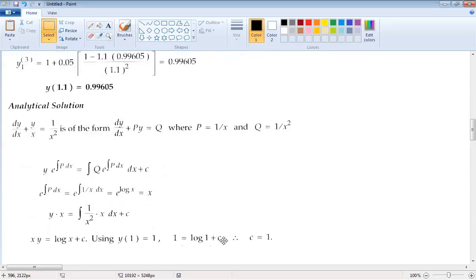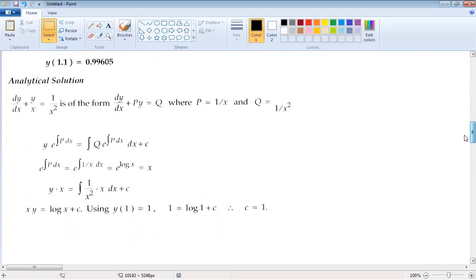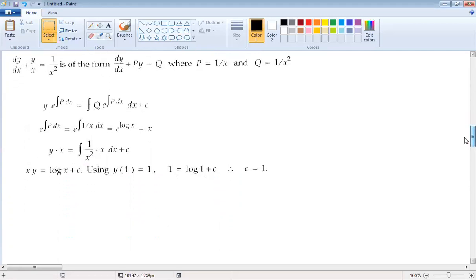Okay, now we use the initial condition. The initial condition given is y of 1 is equal to 1. So we get the value of c: log 1 plus c is equal to 1. Log 1 value is 0. We get c is equal to 1. So the final solution for the given differential equation will be y is equal to log x plus 1 divided by x.